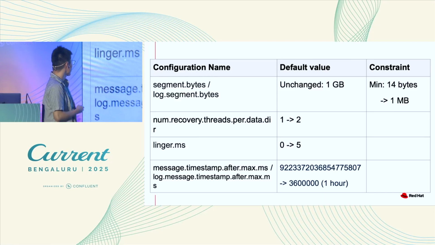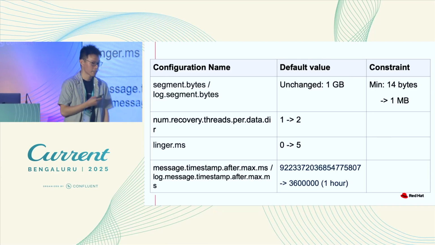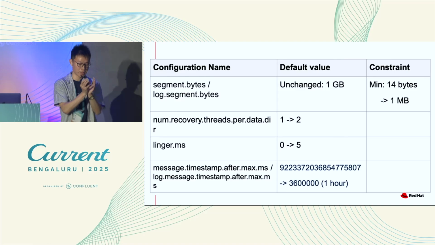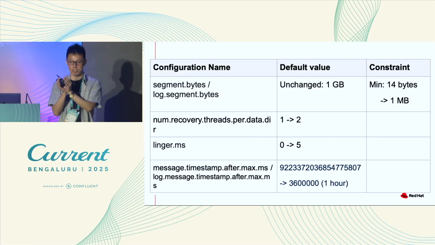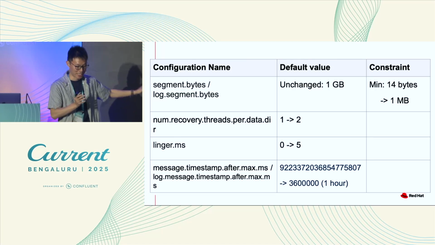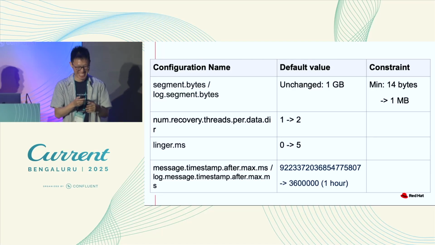And next one, linger.ms. I think most of you should be familiar with this. It's how long a producer can keep a batch on the producer side before it's sent to the broker. By default, it's 0, trust me. I know that.